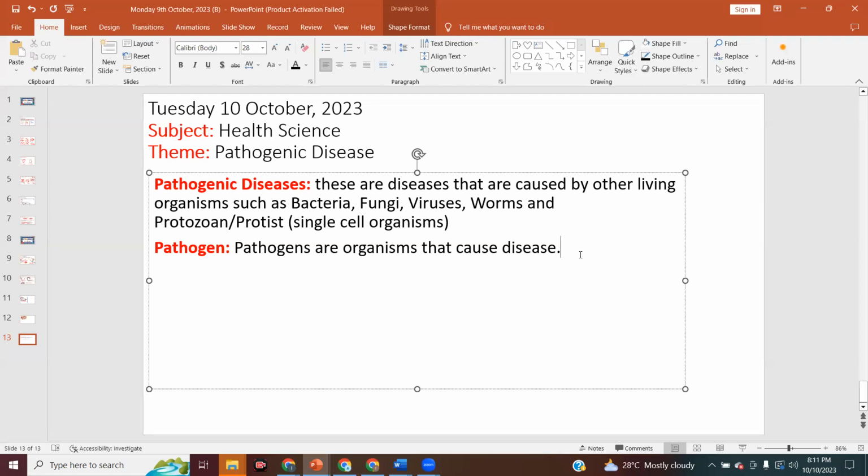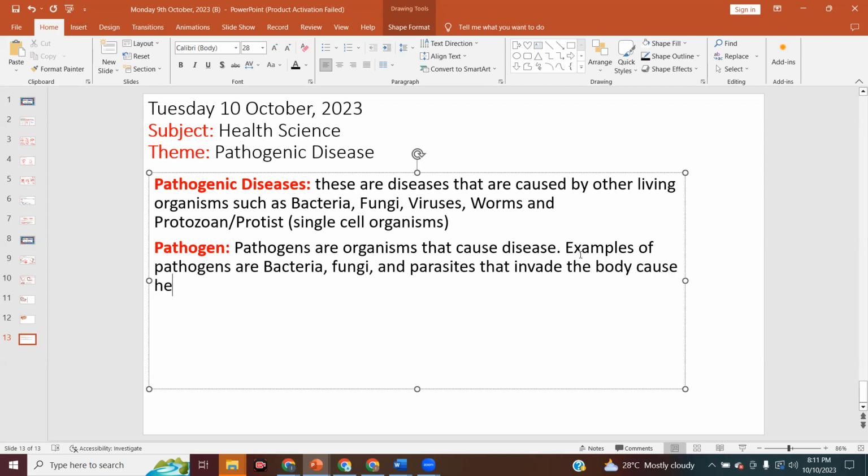So examples of pathogens are bacteria, fungi, and parasites that invade the body and cause health issues.